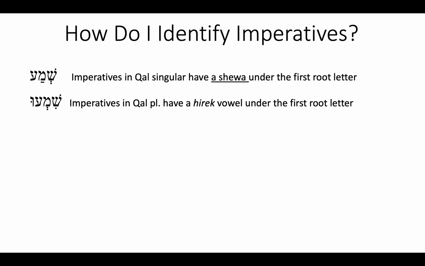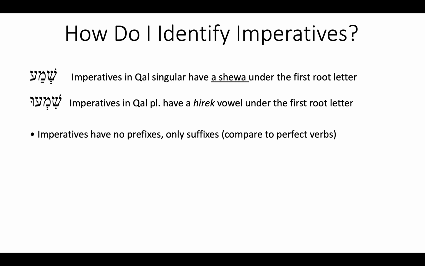So that's one way to distinguish between imperatives in the plural and Piel verbs. That would be the only thing you could probably confuse that with. So singulars typically have schwas under the first root letter, and plurals have a schwa under the second root letter and holem vowels under the first root letter.